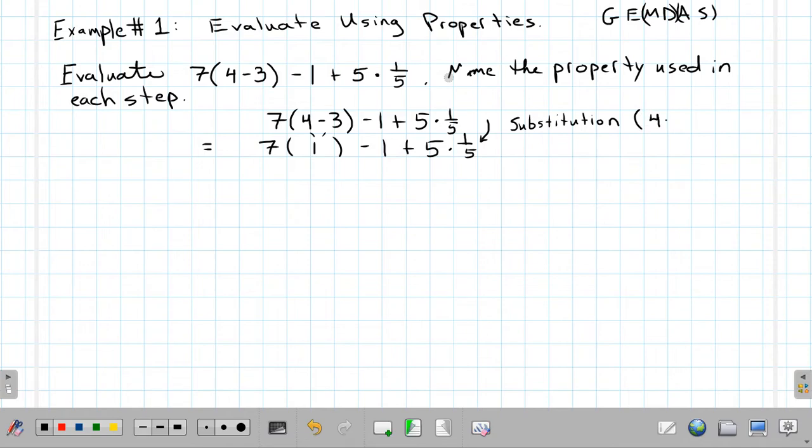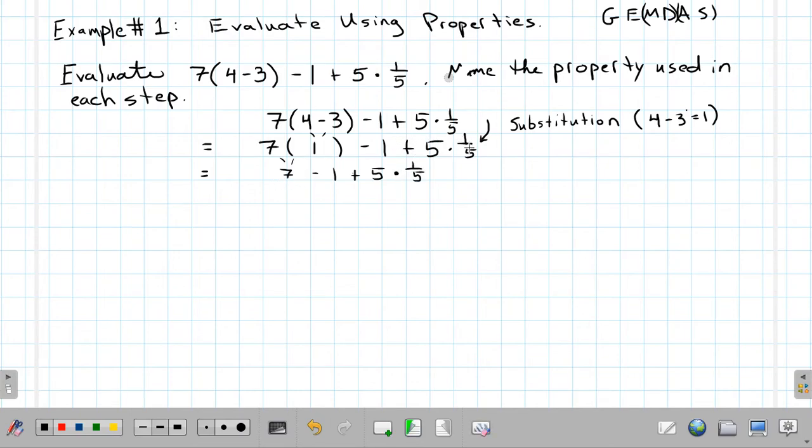Since 4 minus 3 is equal to 1, we were able to replace 4 minus 3 with 1. That's where substitution comes in, and honestly, most of these steps are going to be using substitution. But let's continue on. Now we see we've got multiplication, subtraction, addition, and multiplication. So we need to do the 7 times 1 next. Well, 7 times 1 is 7.